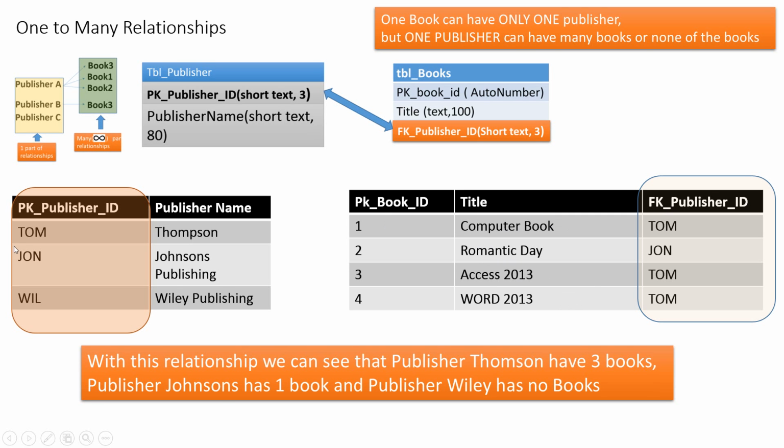Foreign key has the primary key of a publisher. For example, in this table we see publisher Thompson with ID Tom, right? So that's how they are related, through the primary key and the foreign key. We can see that publisher Thompson has 3 books. Publisher Johnson has only 1 book. And Wiley does not have any books, because we don't have any value for Wiley in the foreign key publisher ID.